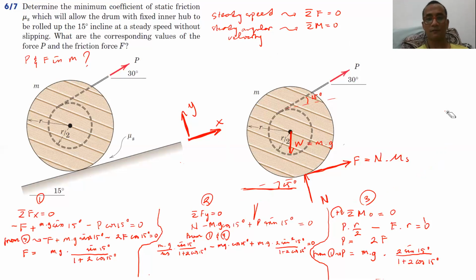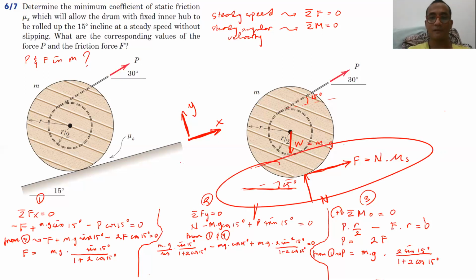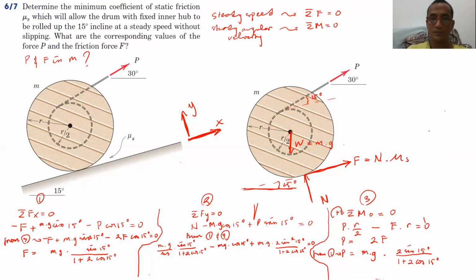There are several forces happening at the cylinder. The first one is the pulling force P, because it's 30 degrees to the horizontal direction. But if I want to see the angle against our x direction, our inclined road direction, it's supposed to be 15 degrees, because the inclination of the road itself is already 15 degrees.